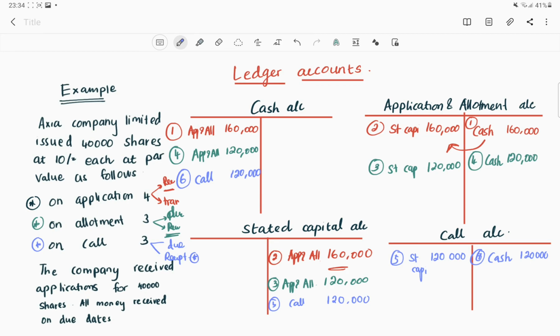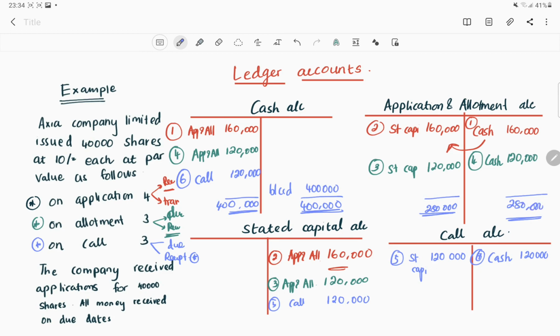So when I try to balance the accounts at the end of the day, I'm getting 400,000 and 400,000 here. So the balance carried down in my cash account would be 400,000. And when I try to balance the application and allotment account, here it's 280,000 and 280,000.